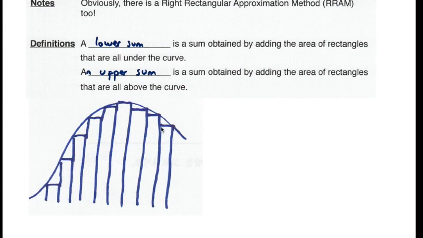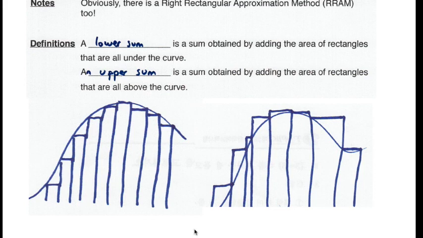But notice how I've picked rectangles that are sometimes based on the height on the left side of the rectangle, left side, left side, left side. But after a while I need to pick the right side of the rectangle to define the height, or else my rectangles will go above the curve.